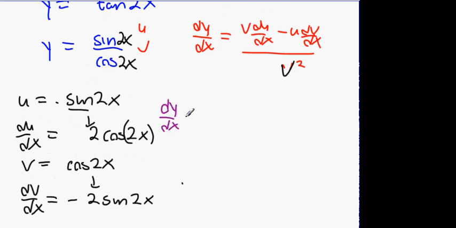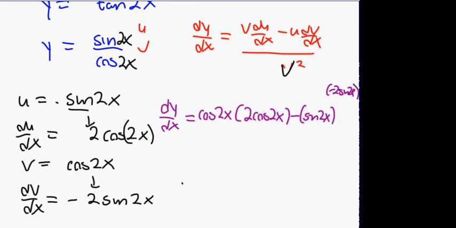Okay, now we're going to have to put it all back into the dy dx formula. Dy dx ends up to be phi times du dx, which is cos 2x times 2 cos 2x, minus sin 2x times minus sin 2x.